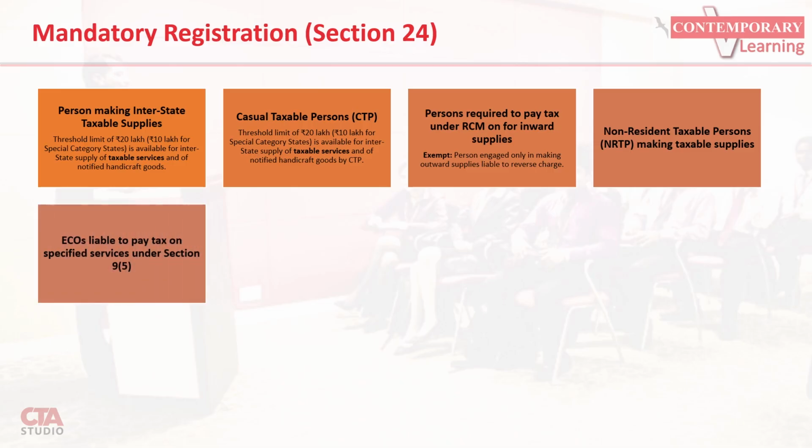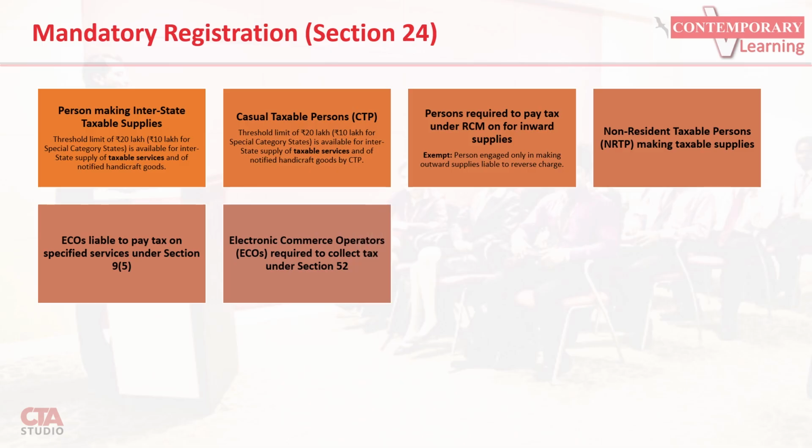Electronic commerce operators, ECOs, liable to pay tax on specified services under Section 9(5) and those required to collect tax under Section 52. Suppliers making supplies via ECOs, except those supplies under Section 9(5).